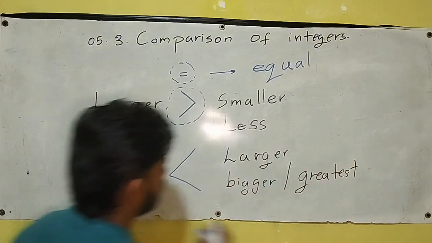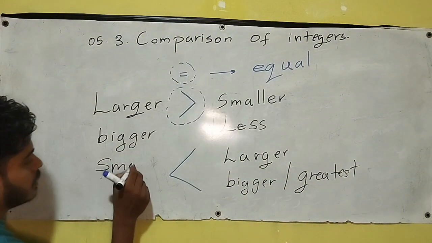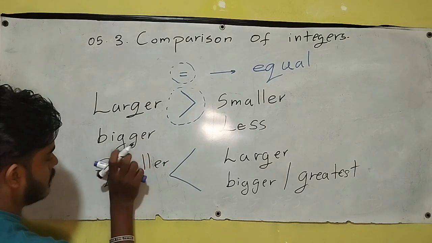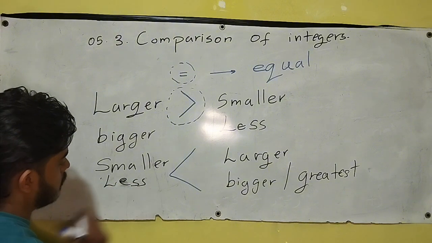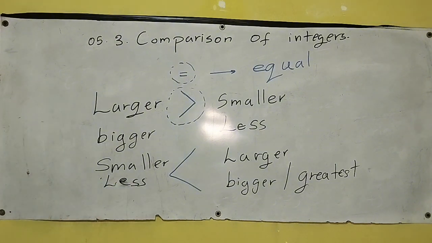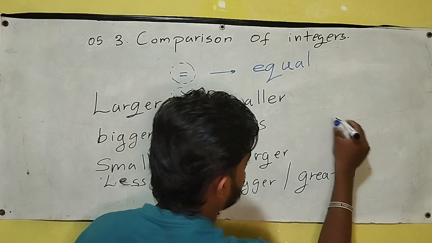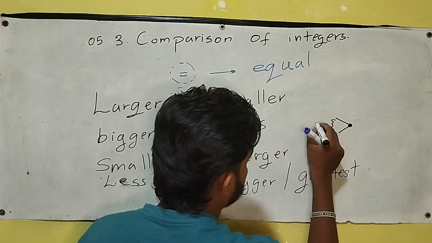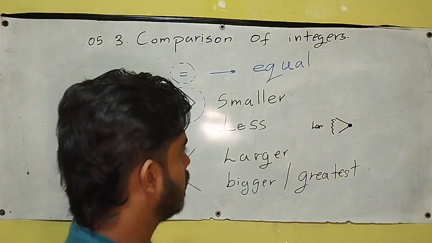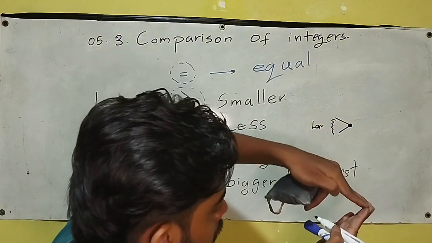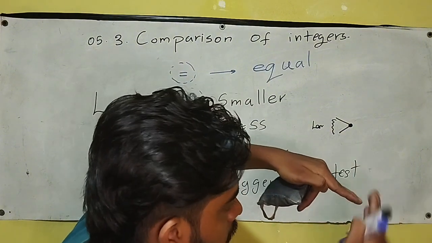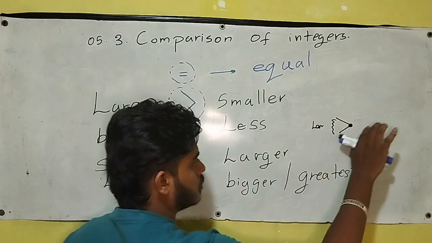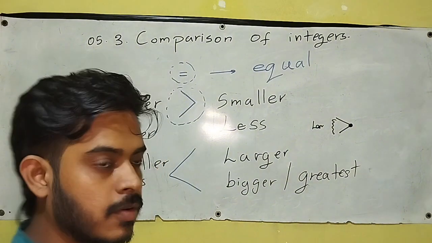Greatest side. For this, smaller side, less side. Okay. Smaller. This side, larger side. Smaller, larger. Okay.